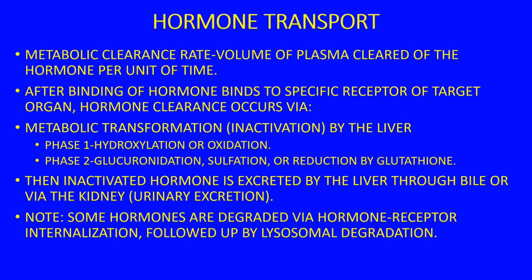All right? Keep in mind, when I talk about specificity, that's the ability of the hormone receptor to discriminate among other hormones with related structures. Okay? When I talk about affinity, it's determined by the rates of dissociation and association of the hormone complex under equilibrium conditions.